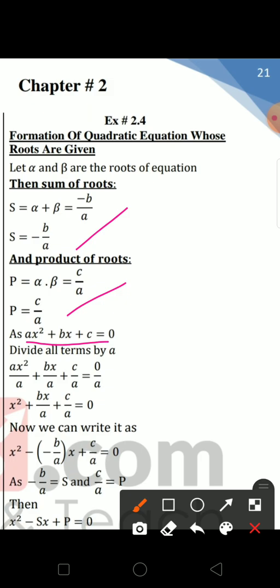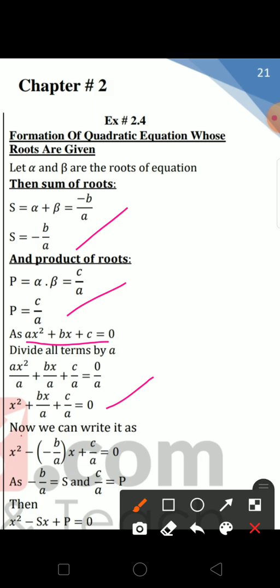Now the roots are given. So first we take the quadratic equation. Quadratic equations are those equations that can be written in the form ax square plus bx plus c is equal to 0, where a is not equal to 0. So first we divide by the coefficient a, which gives us x square plus bx divided by a plus c divided by a is equal to 0.